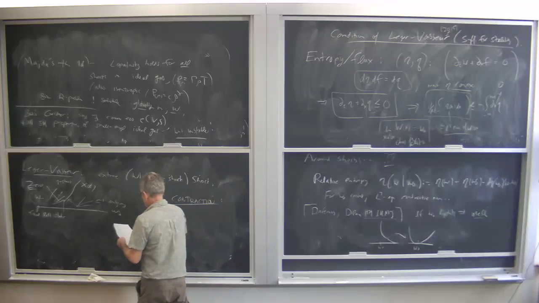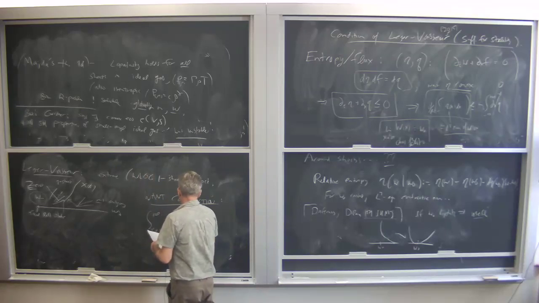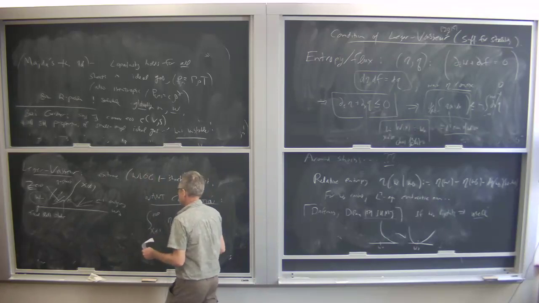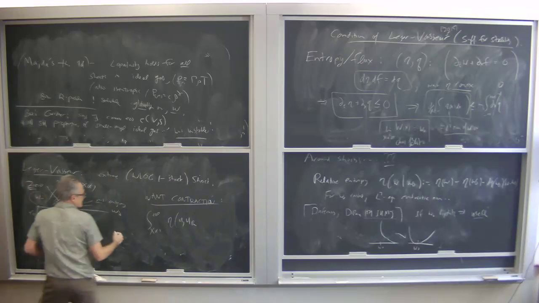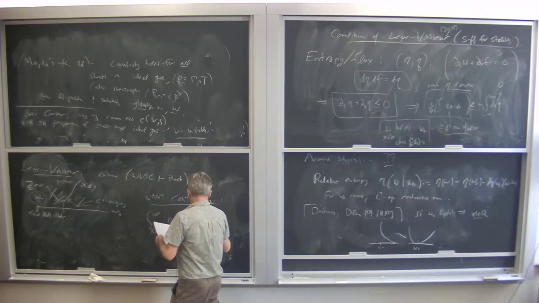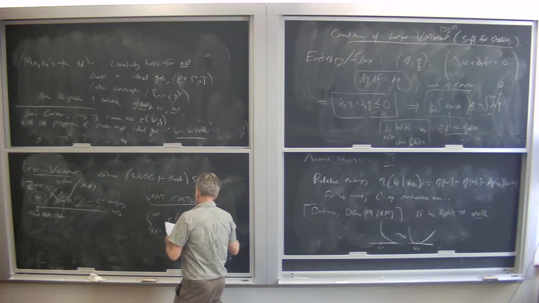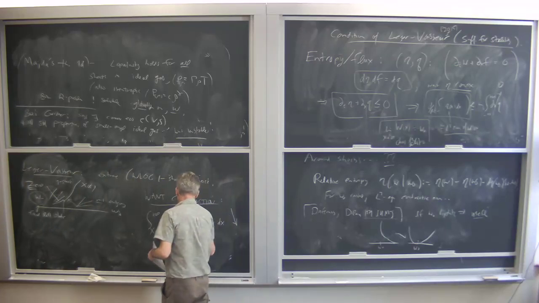By which I mean that the integral from x(t) up to plus infinity of eta of u, I'm going to call this, sorry, not anymore, WR, of x. I want this to decrease as t increases.